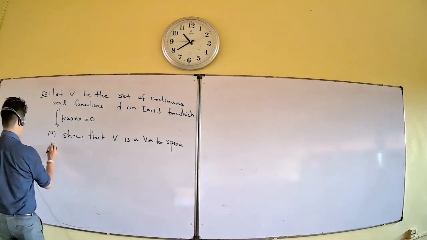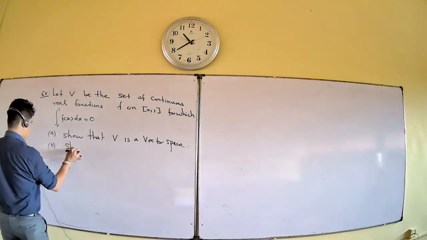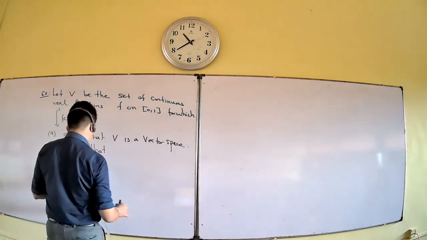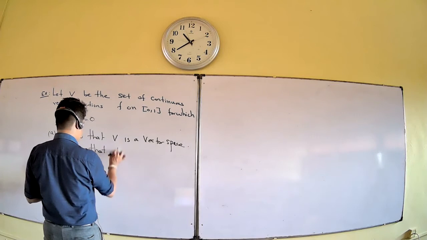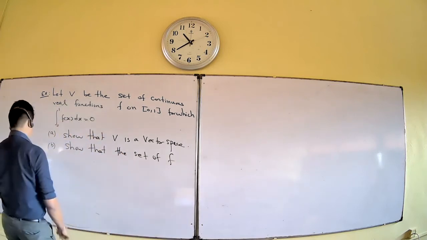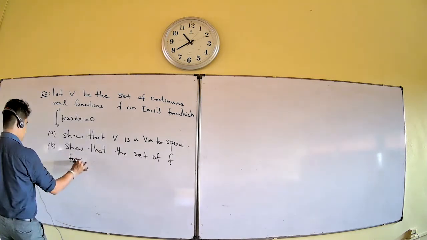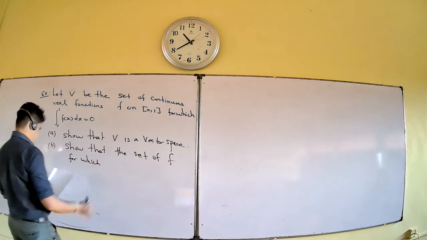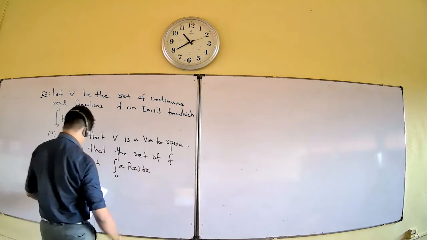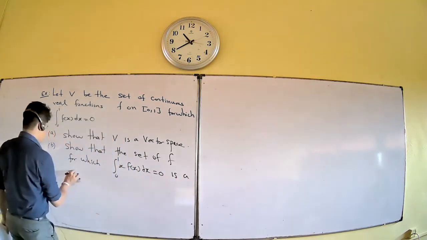Second question: show that the set of f for which the integral from 0 to 1 of x f(x) dx equals 0 is a subspace.